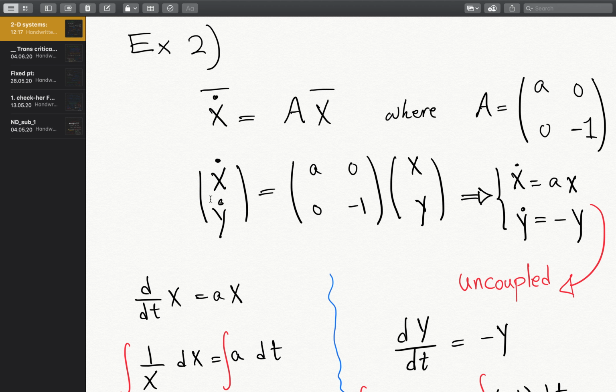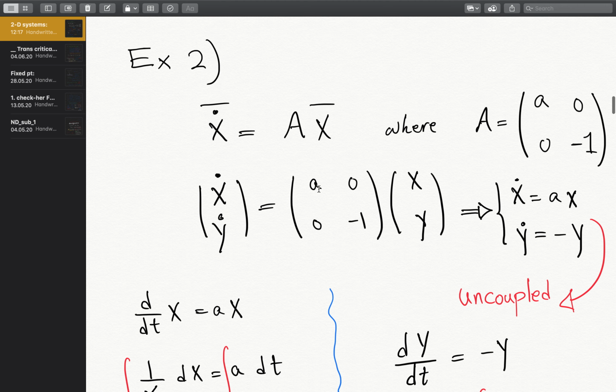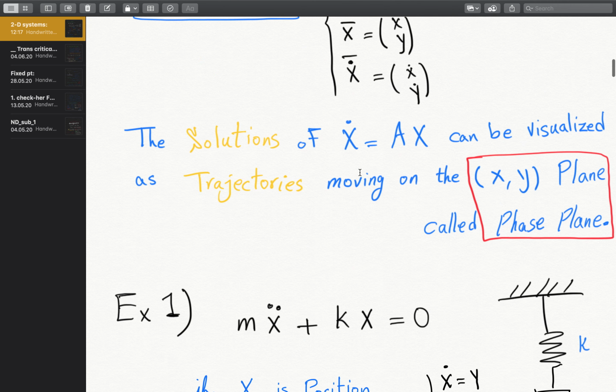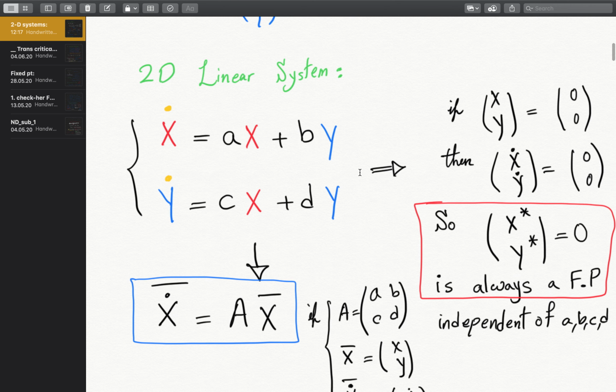So if again I have this vector x dot and y dot equal to the matrix with a, 0, 0, -1, it means that these two are 0, right? Therefore here b and c are 0.